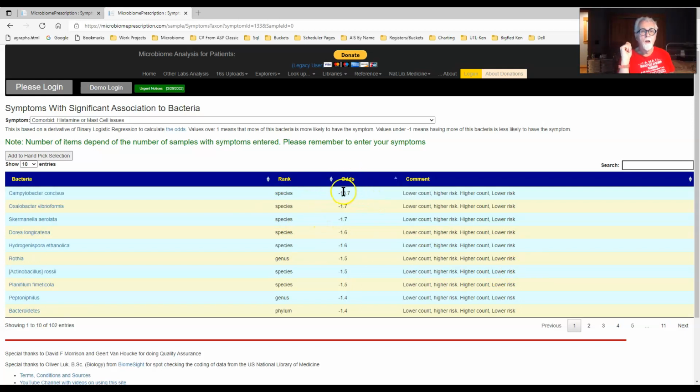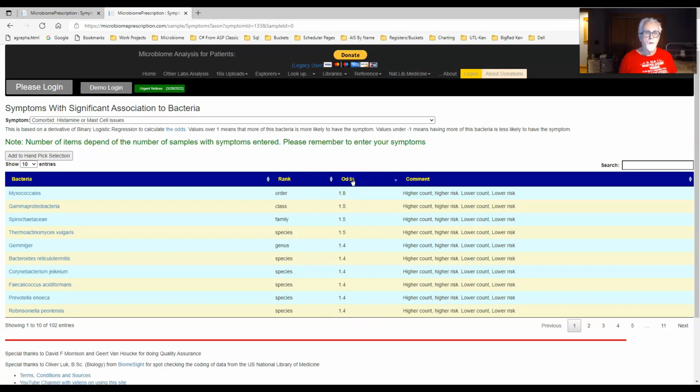And odds, things which are big numbers, indicate things which have a lot of impact. A lot of things only increase your risk of having mast cell by a little bit. But if you have 40 little bits, it can become a major problem. So that is the population-wide example with the data there, giving the odds.